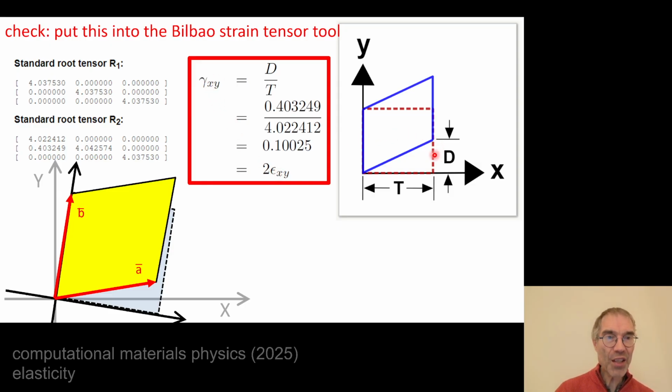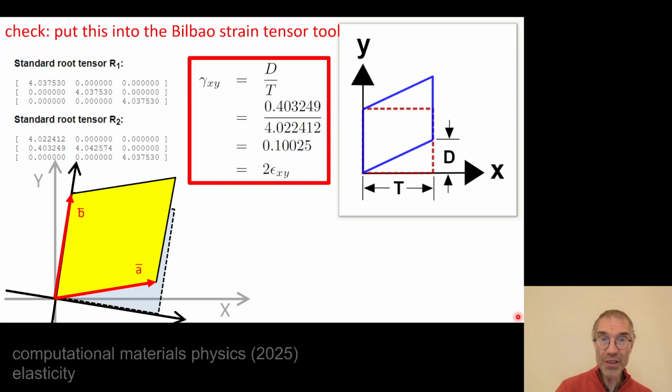The engineering strain is clearly the same as the intuitive definition. So it's something you could measure on a macroscopic piece of crystal by this d and t, so by these two components of the A vector. But in order to express it as a strain tensor matrix, it's this epsilon that you need here.